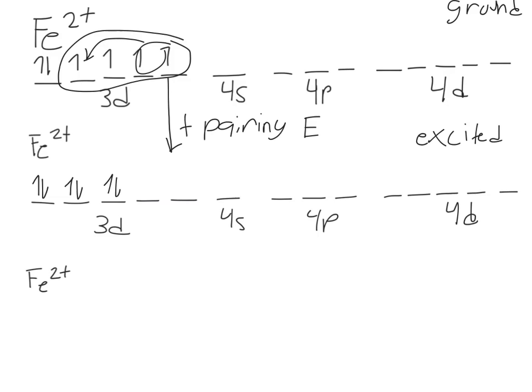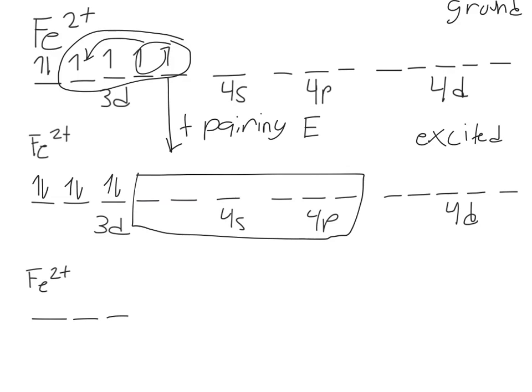Because I have 2 empty 3d orbitals, I'm going to hybridize 2 from the 3d, the 4s, and the 4p. So now I have only 3 in the 3d, and I have 6 from the d2sp3 hybridized orbital.